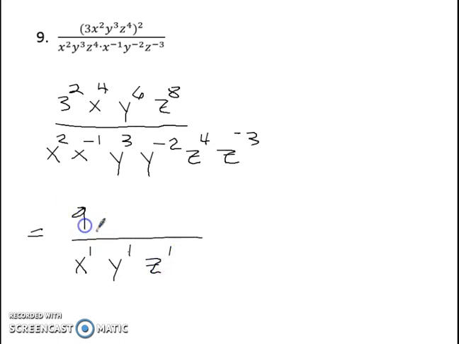Up top, we have our 9x to the 4th, y to the 6th, z to the 8th. At this point, it's a pretty easy problem because if we have 4 x's over 1 x, we can cross off one of them, leaving us with 3 up top. 6 y's over 1, cross off 1, left with 5 up top. 8 z's over 1 z, we're left with 7 up top.